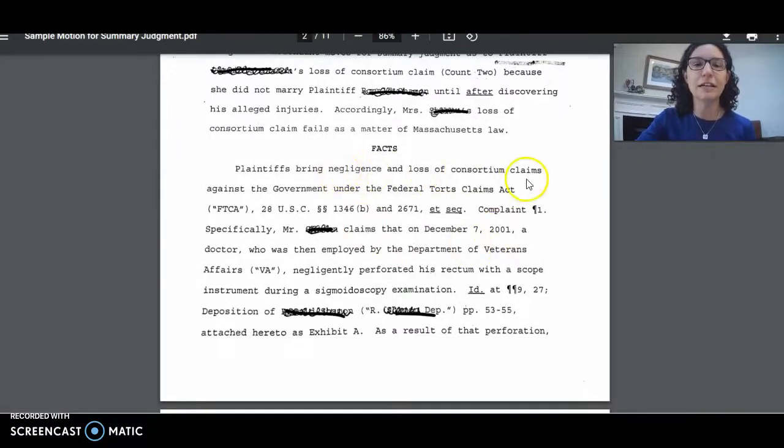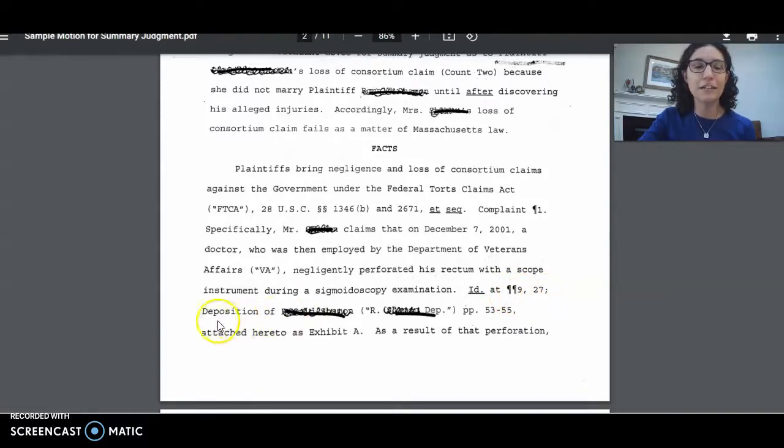Plaintiff brings negligence and loss of consortium claim under the Federal Tort Claims Act. Complaint, paragraph 1. Remember, I showed you in the prior video how to cite a complaint. Specifically, Mr. X claims that on December 7th, etc., id, meaning referring to that same citation above. Complaint, paragraphs 9 and 27.